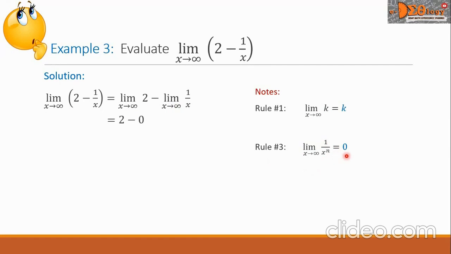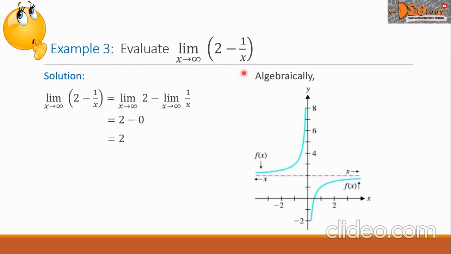It means we can now solve: the limit of 2 as x approaches infinity is equal to 2, minus the limit of 1 over x as x approaches infinity, which is equal to 0, and 2 minus 0 is simply 2.